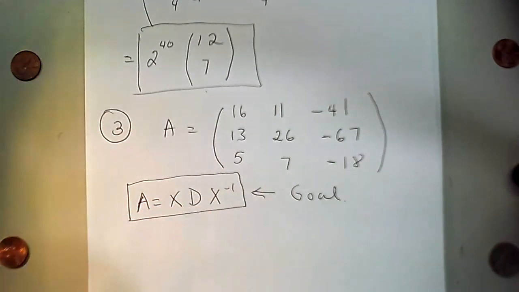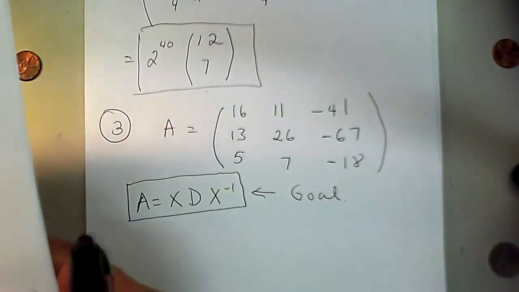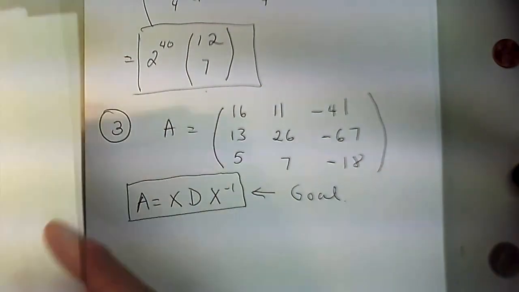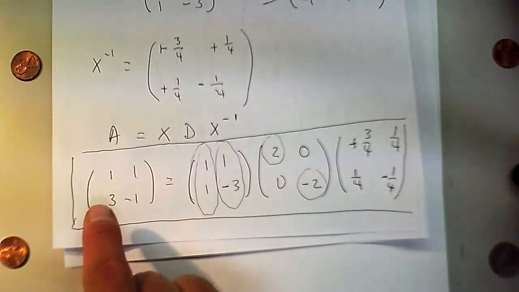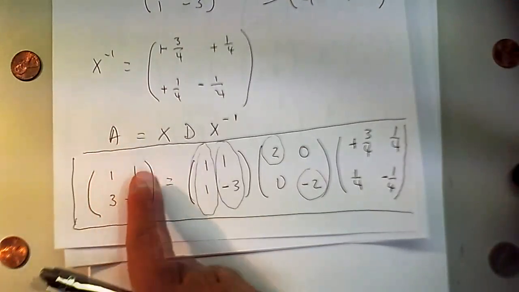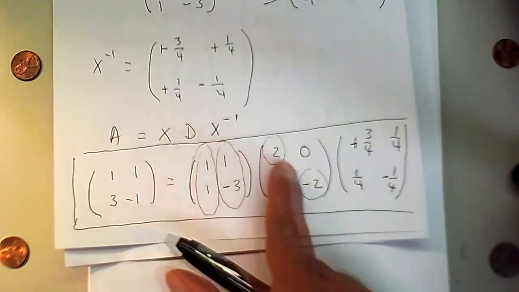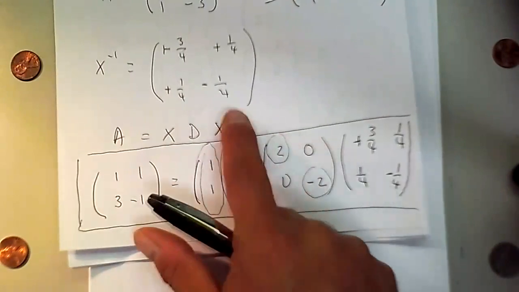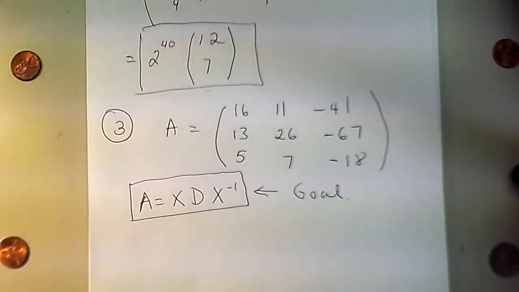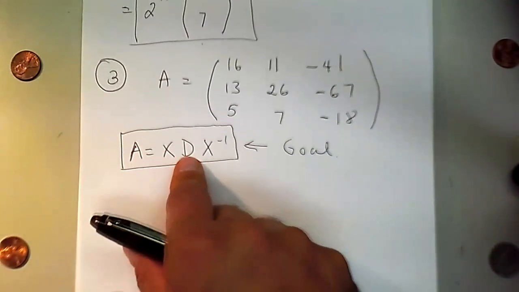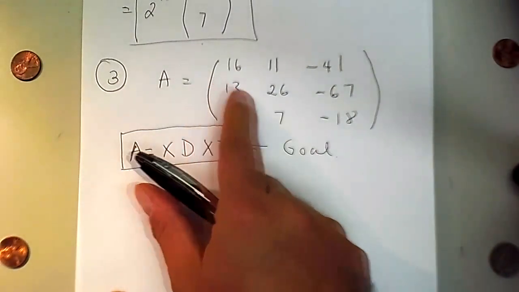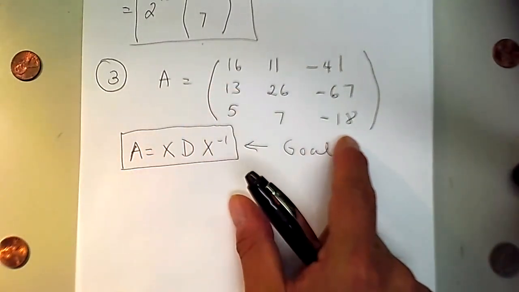But this is the answer. The answer should look like the answer in example number 1 of today. So here's example number 1: A equals X, D, and the inverse. Except that now we have a 3 by 3. All right. Now this diagonal matrix is made up by the eigenvalues of this matrix.